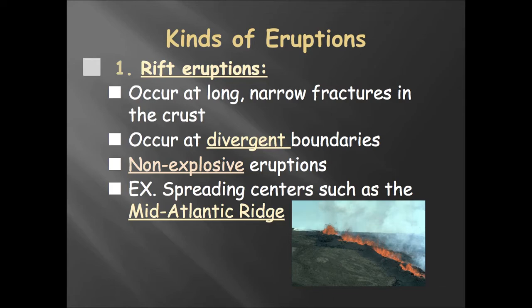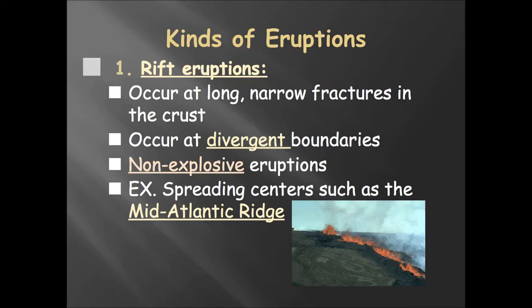All right, so let's look at the different kinds of eruptions that we can have at volcanoes. There's two main kinds. The first one are the rift eruptions. So rift, if you remember from boundaries, a rift happens when the plates are pulling apart.